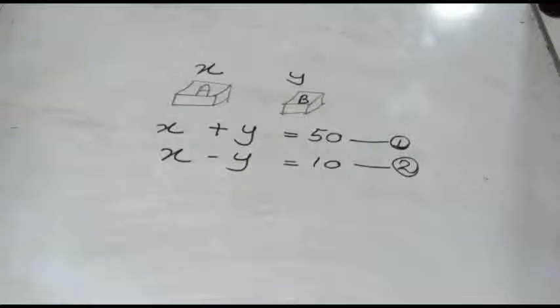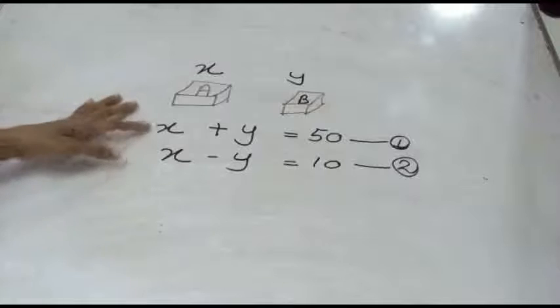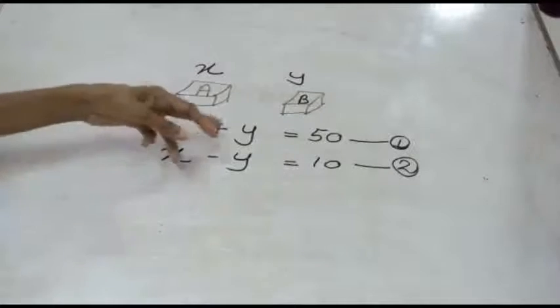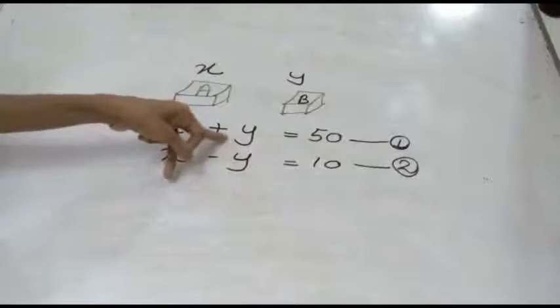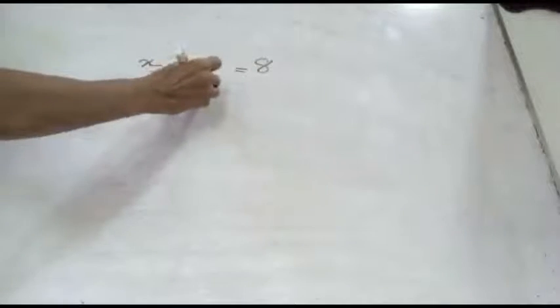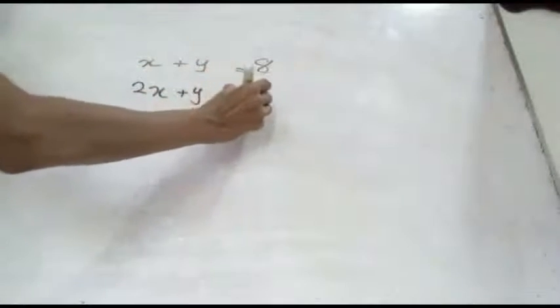Here the coefficient of x is 1, and the coefficient of y is positive. We write x plus y is equal to 8, and 2x plus y is equal to.